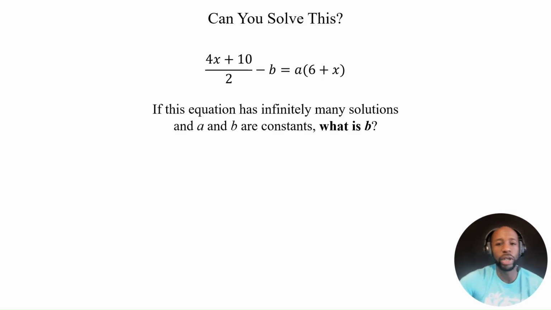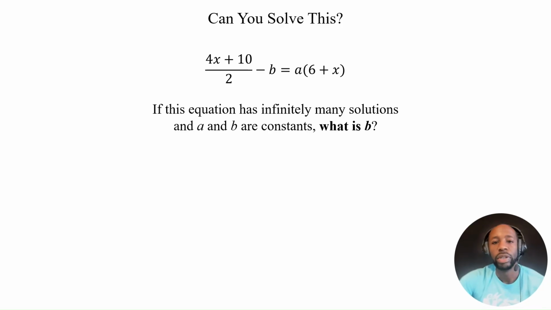Okay, so first of all, when it says the equation has infinitely many solutions, that means that you can plug any value of x into this equation and make it true. And we know that a and b are constants.